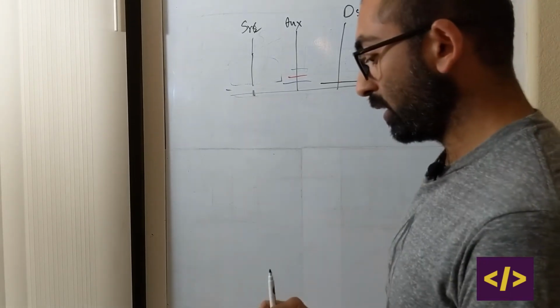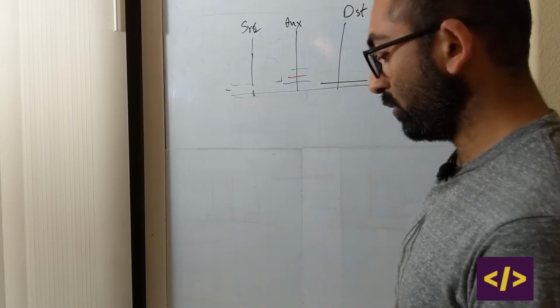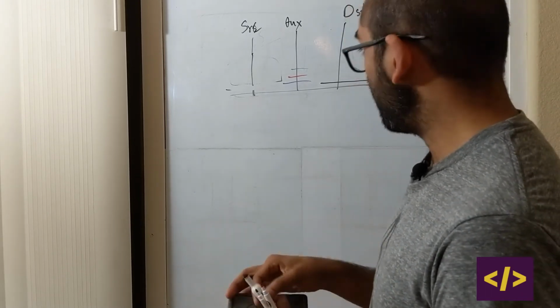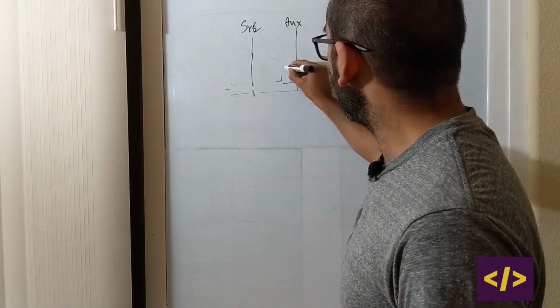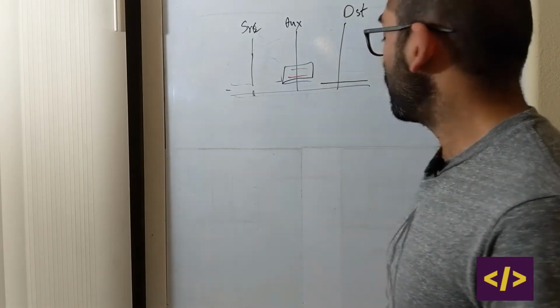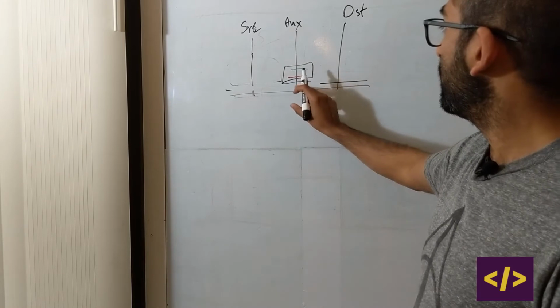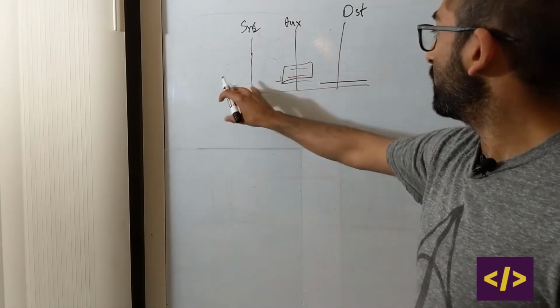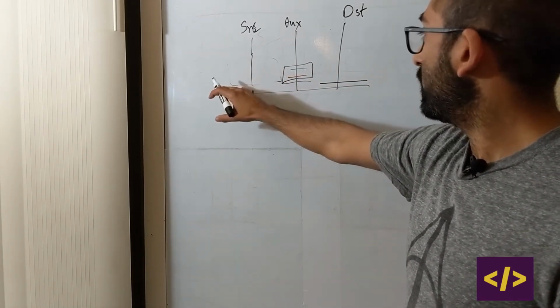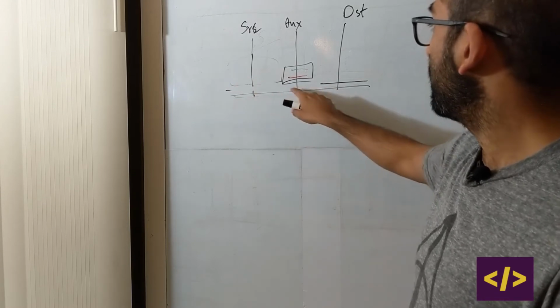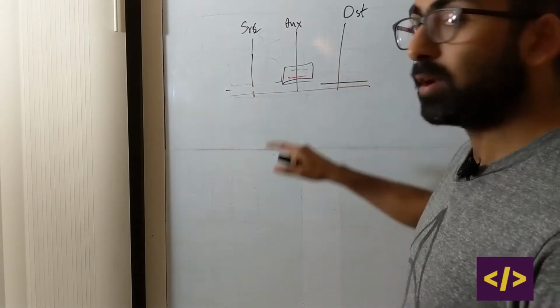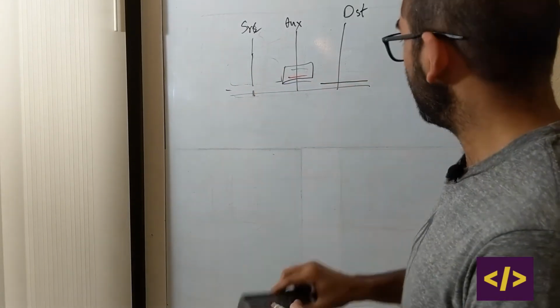Okay, and then what you do is you take the top half of this guy, take the top half of that guy, and then move it somewhere, move it here, so that you can take him and put it there. Okay, now let's do that.